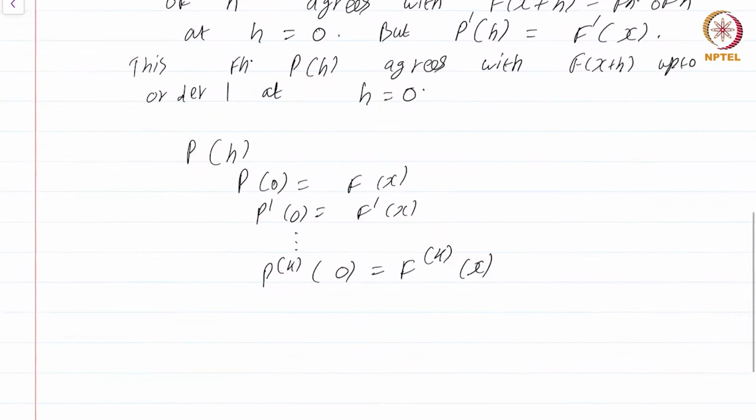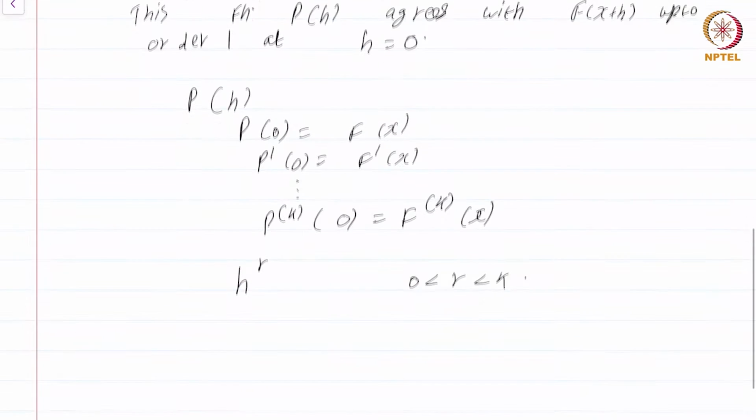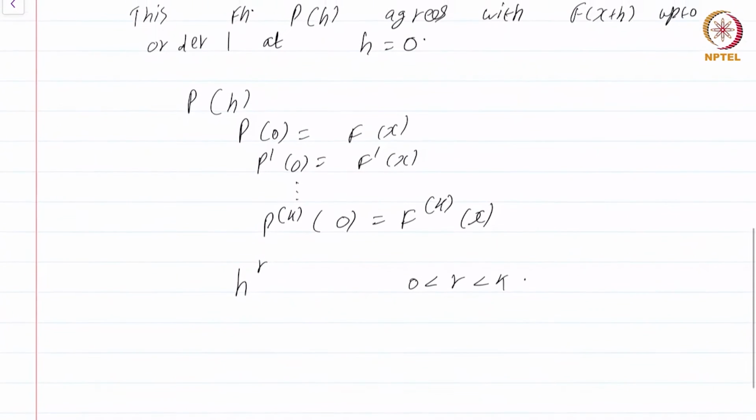Okay. Now, if you think about this for a moment, you will soon understand that it might be a good idea to use these special monomials of the form h to the r, 0 less than or equal to r less than or equal to k, right? Look at these special monomials h to the r. Look at the derivative.